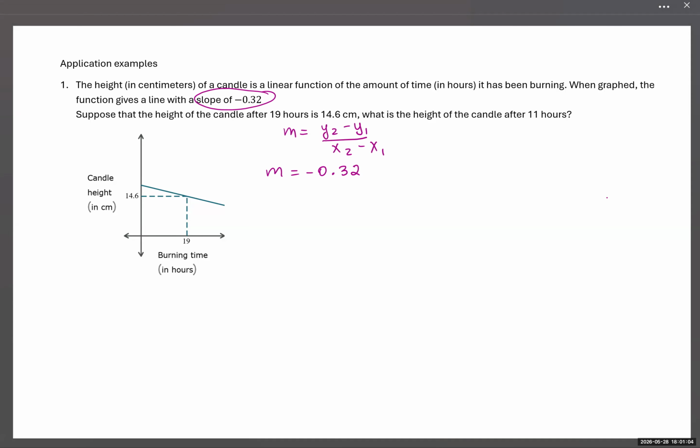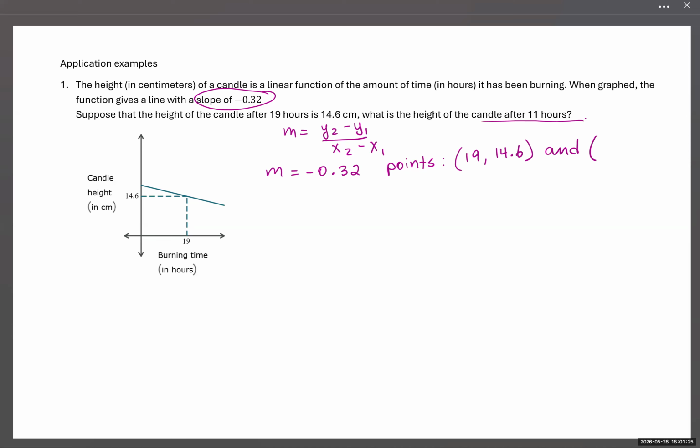Also, we need some points in order to be able to use the formula above. The first point is given to us, and it's 19 and then 14.6. And then the second point, well, we have only half of it.